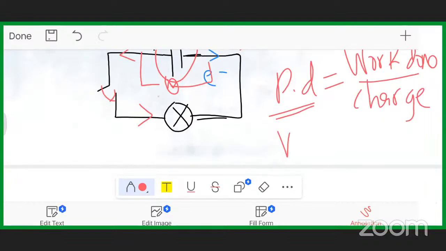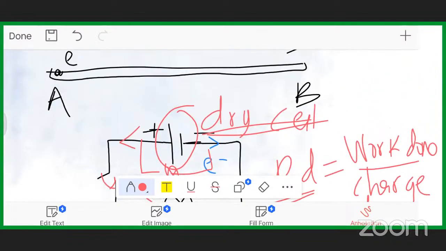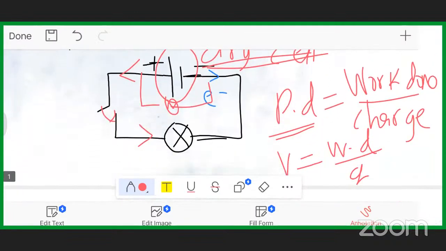So the symbol is also just V. So V is more of work done in moving a unit charge. Of course, our charges here are electrons. That's the idea. So I can maybe give a simple example to illustrate that idea.